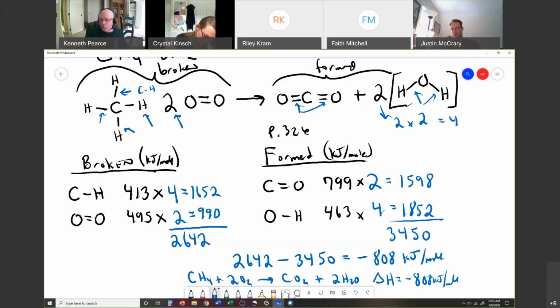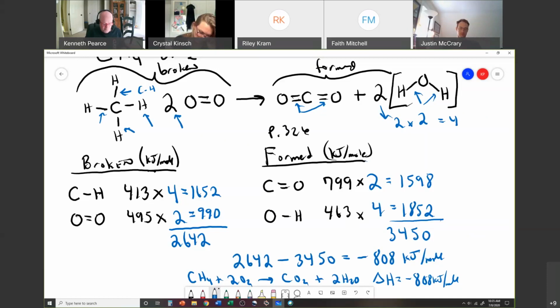All right, now I don't know what this is off the top of my head, but I'm going to look this up, because Google's a wonderful thing, right? So I'm going to look up on Google, heat of reaction for methane. Oops, heat of combustion. So we're going to do heat of combustion.